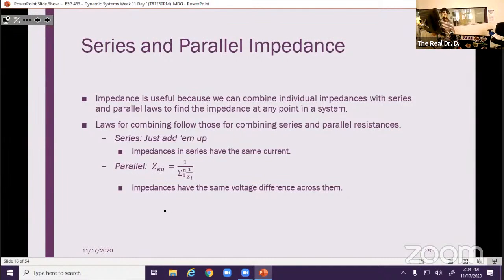When can we do this? When the impedances in series have the same current going through them, okay? What about if they're in parallel? Well, then we use the reciprocal rule. When is that appropriate? When the impedances have the same voltage drop.